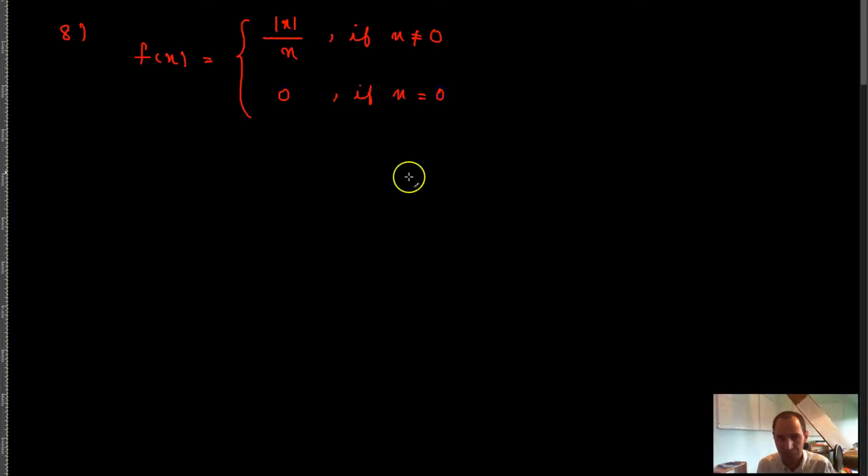Okay, so now let's do the next question. The next question is question number 8, where f of x is equal to the absolute value of x over x if x is not equal to 0, and 0 if x is equal to 0.